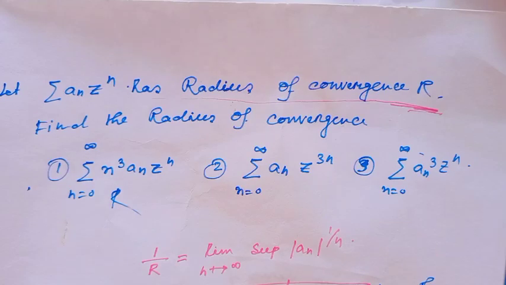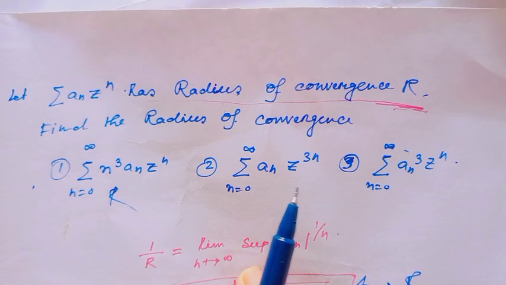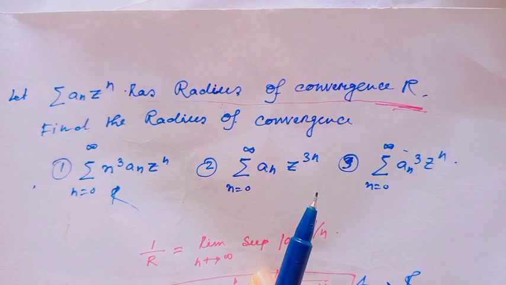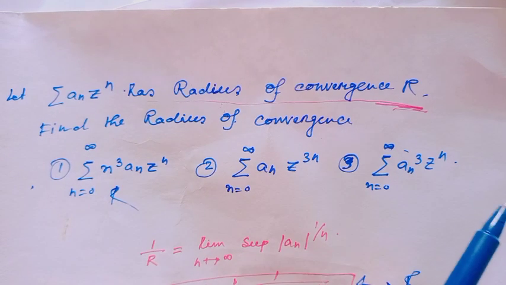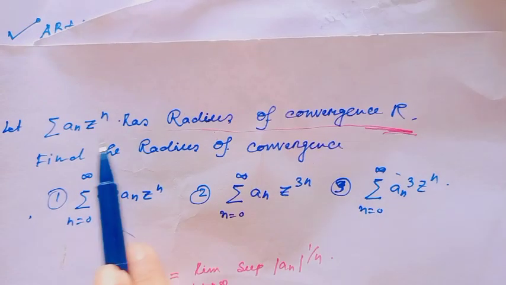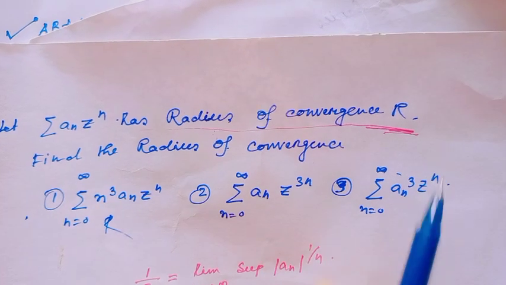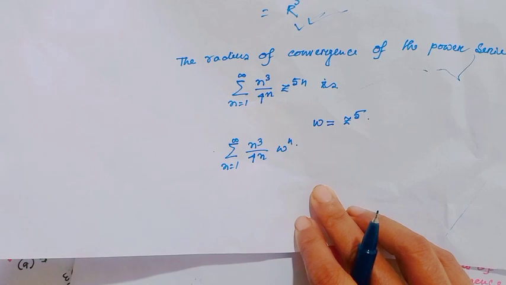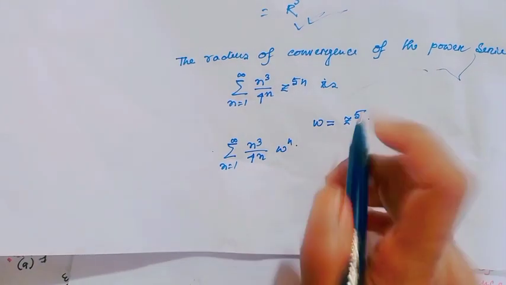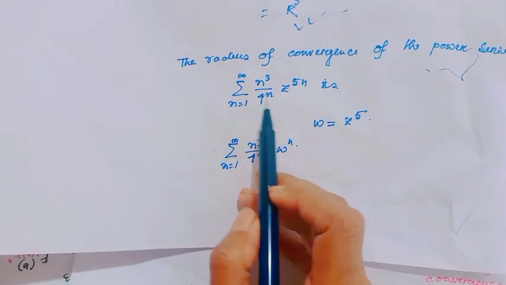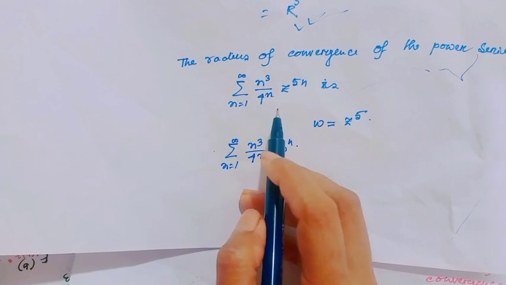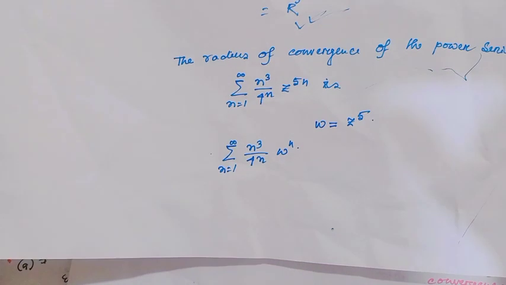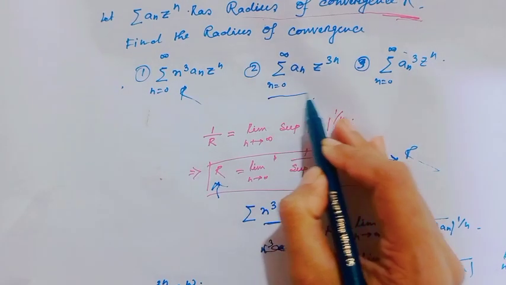I hope all my viewers have understood these three power series, and how we have to find the radius of convergence of this type of power series when the given power series has radius of convergence r. One example: the radius of convergence of the power series n equal to 1 to infinity n cube over 4 to the power n z to the power 5n. Obviously, this looks like this type of power series.